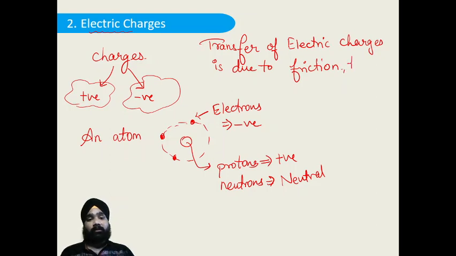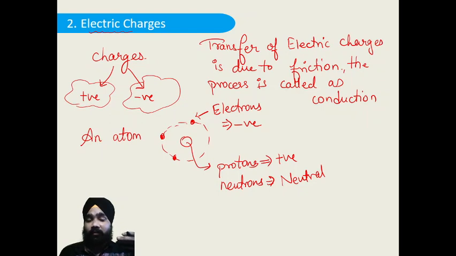This process is called conduction. So whenever there is a transfer of charges from one body to another body, the body should be in contact with the other body, and that process is called conduction.